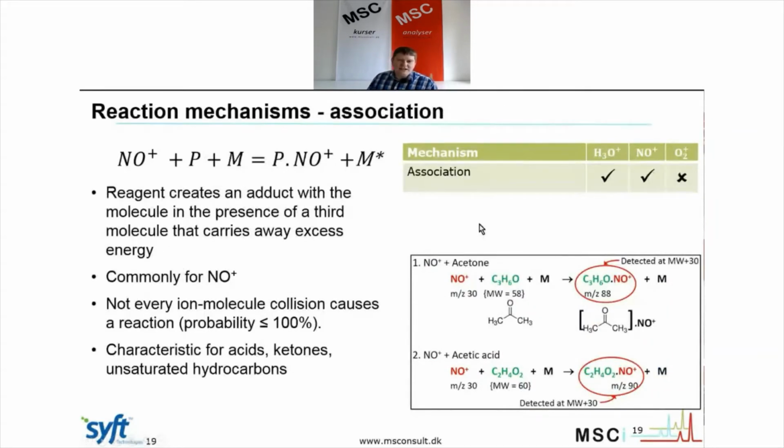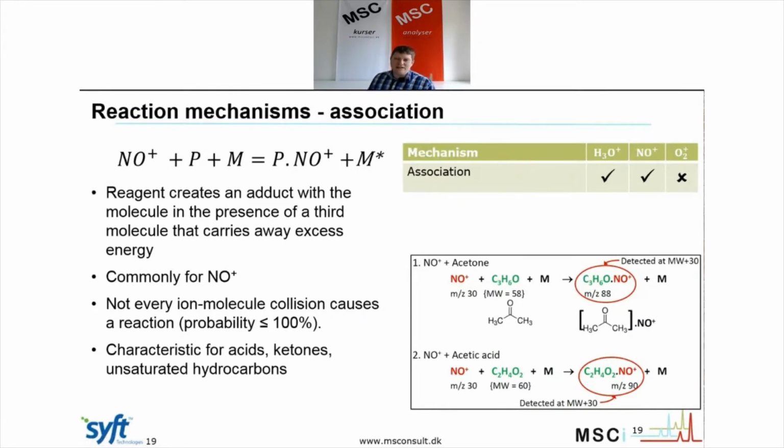The last reaction mechanism we can use is association. So we are making an adduct where, for instance, the NO+ goes on the analyte, and then we find it at plus 30. For this to be possible, we need another molecule that can carry away the excess energy, which is also an advantage because we use carrier gas.